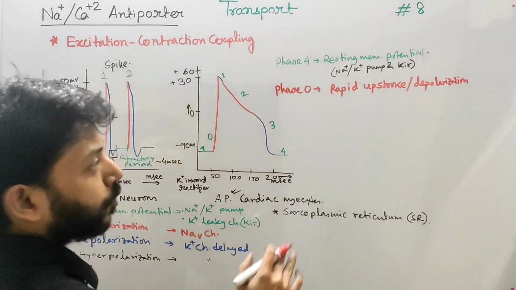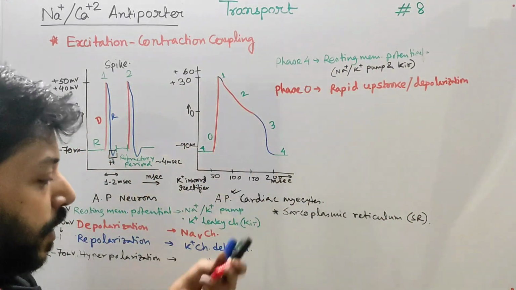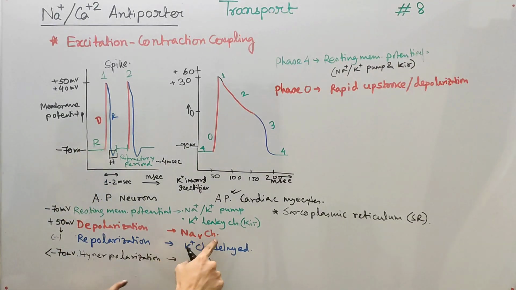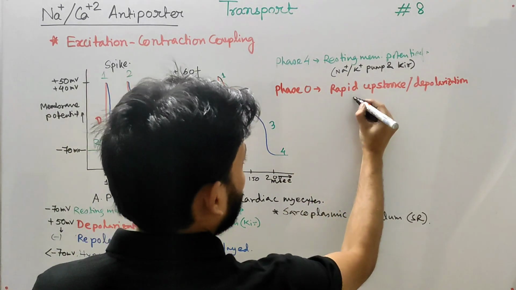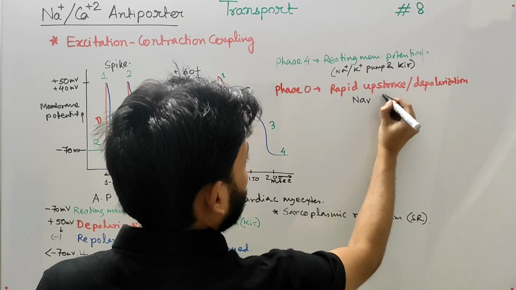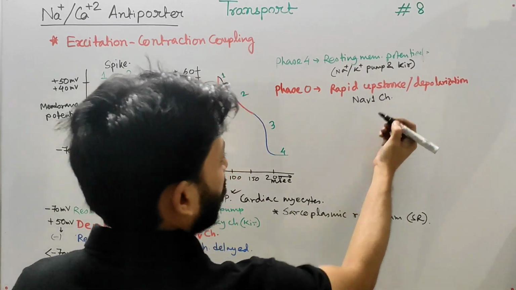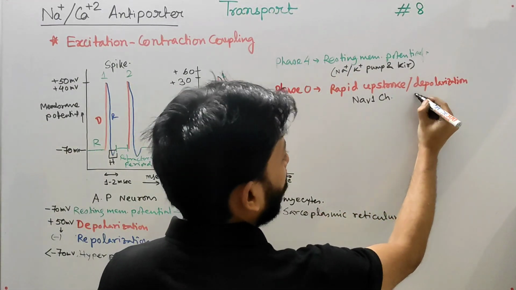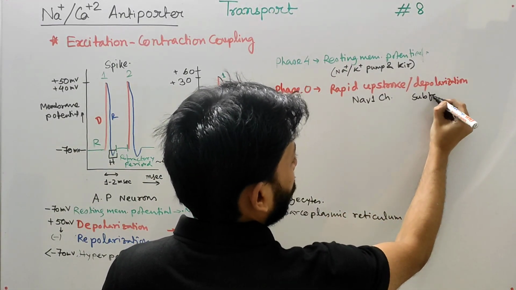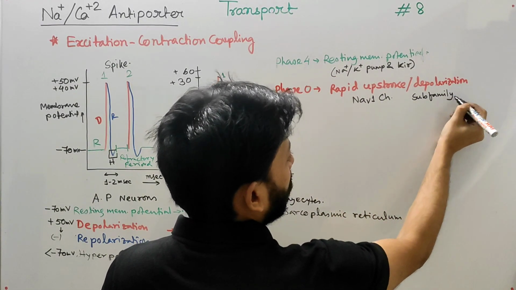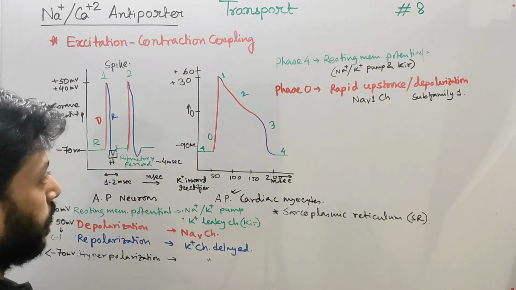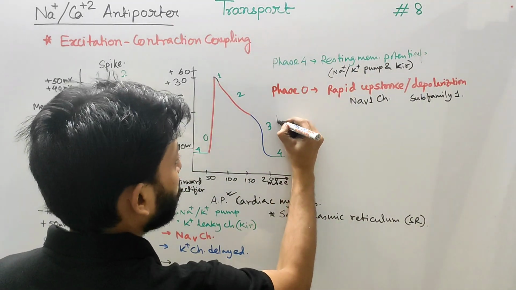So rapid upstroke or rapid depolarization occurs. Now for this depolarization also voltage gated sodium channels are important. In this case, this is called voltage gated sodium channel 1, where 1 means the subfamily, in cardiac myocytes.